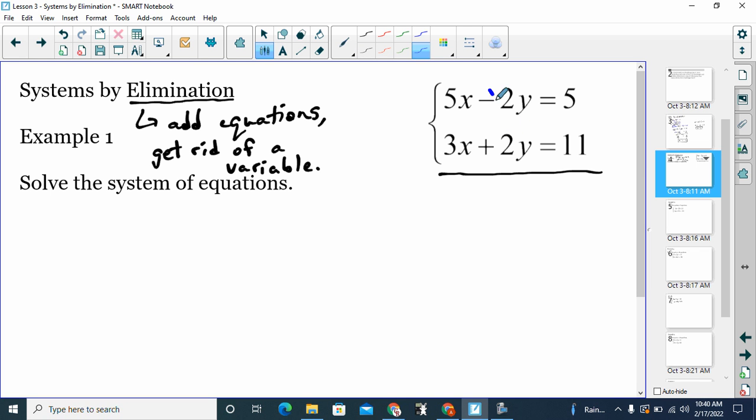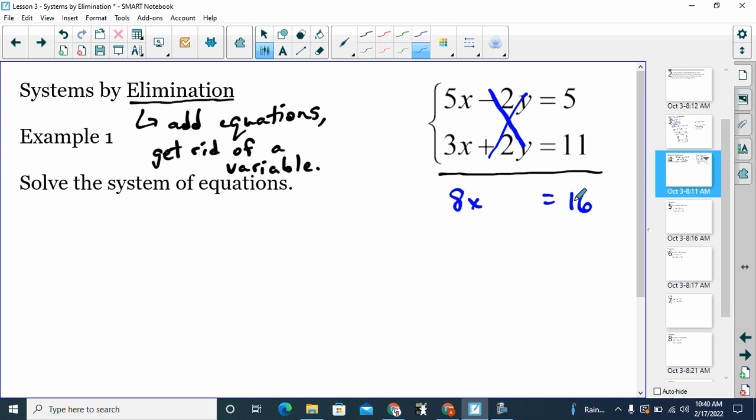Negative 2y plus 2y, those cancel. 5x plus 3x is 8x. Bring down my equal sign, and 5 plus 11 is 16. I get 8x equals 16, which overall is a pretty easy equation to solve.